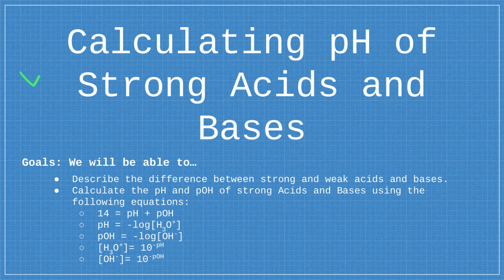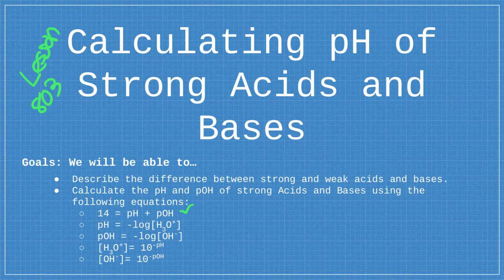This is lesson 803. So the goals of this lesson are that you will be able to describe the difference between strong and weak acids and bases and calculate the pH and pOH of strong acids and bases using the following equations. 14 is equal to pH plus pOH. pH is the negative log of the hydronium ion concentration.